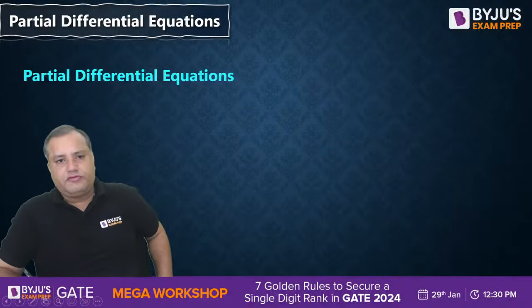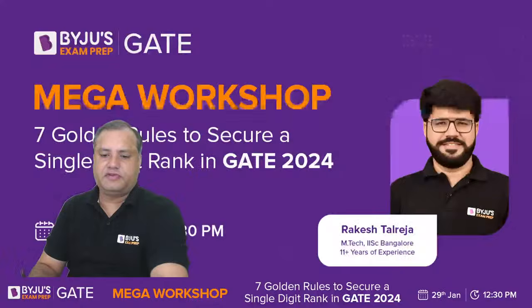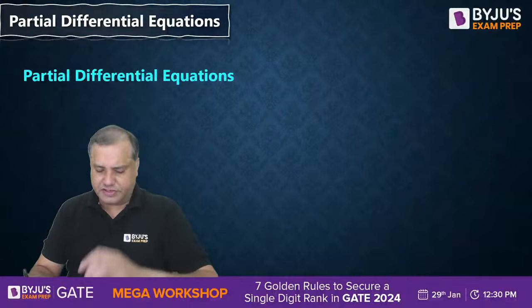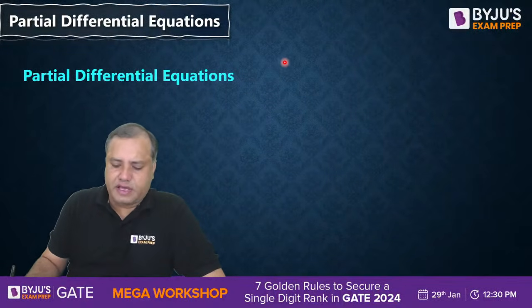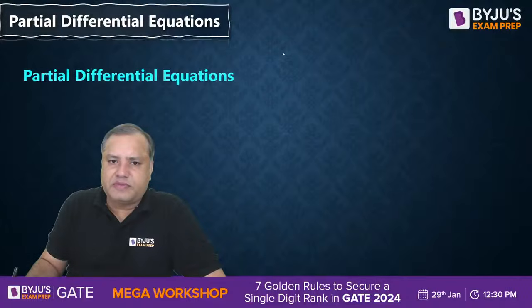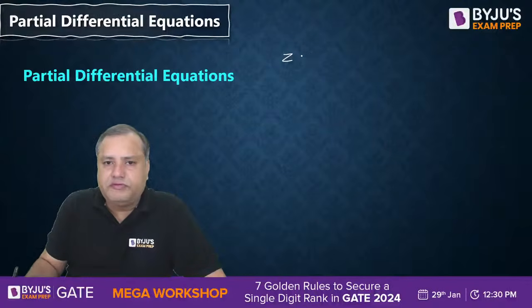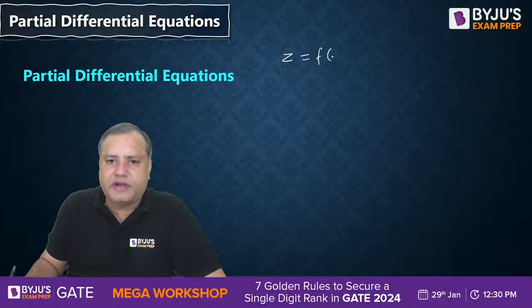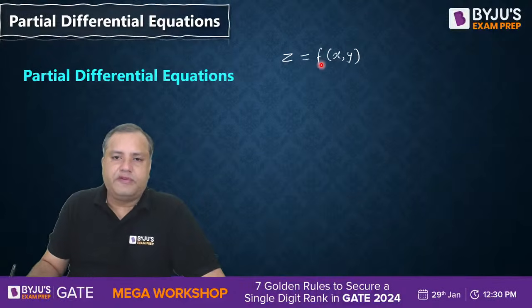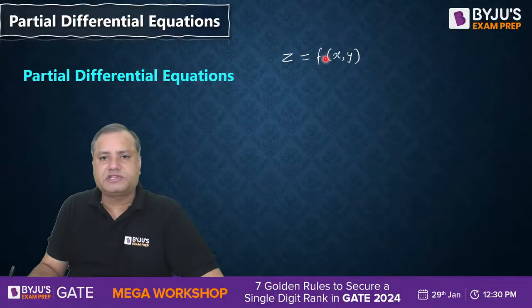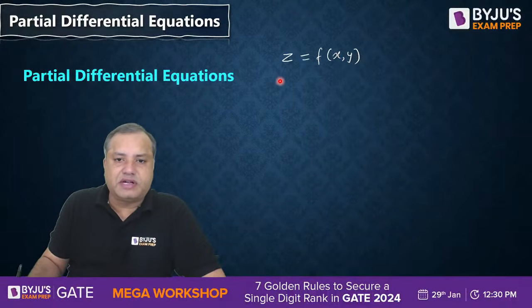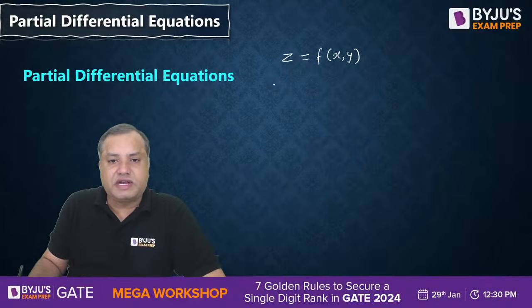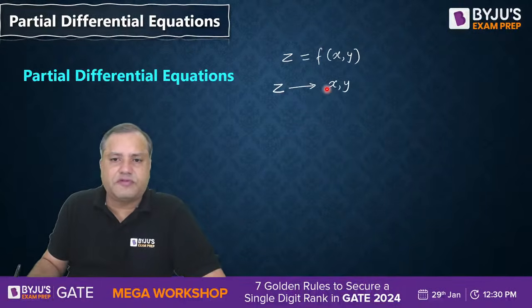So students, when we talk about partial differential equations, listen carefully what happens. If you have a dependent variable z, which is a function of more than one independent variable, then partial derivatives will exist. z is a function of two variables.